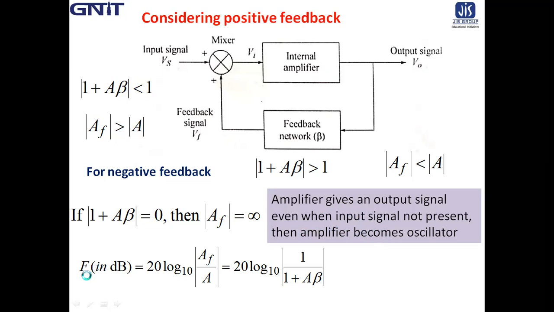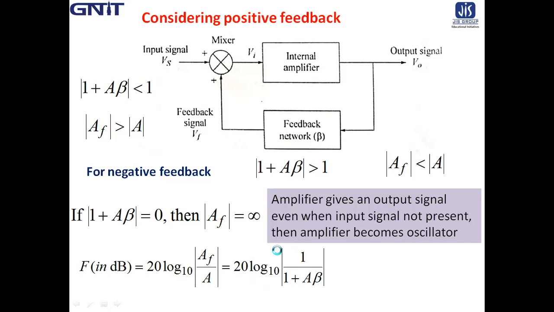Now, in decibel, the amount of feedback introduced into an amplifier is given by: the amount of feedback in dB, represented by F in dB, is 20 log 10 of the magnitude of AF by A. That means AF by A, so that is 1 by 1 plus A beta.